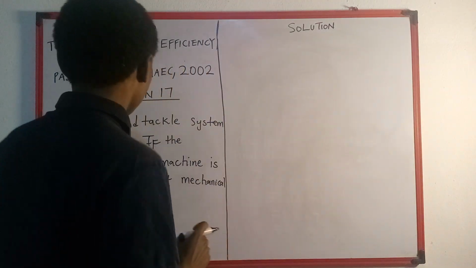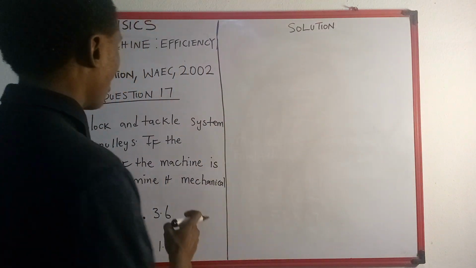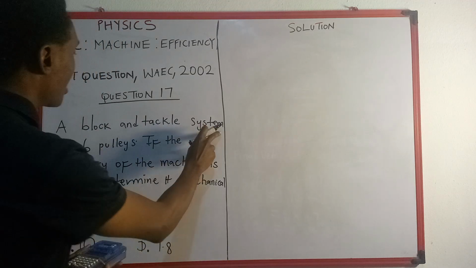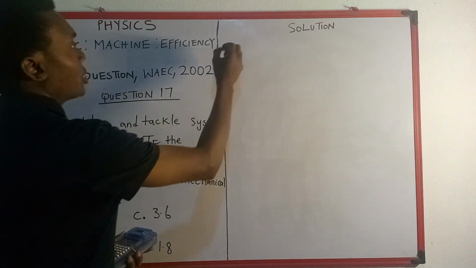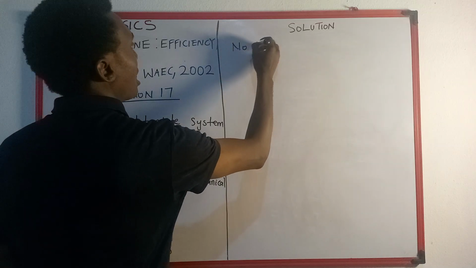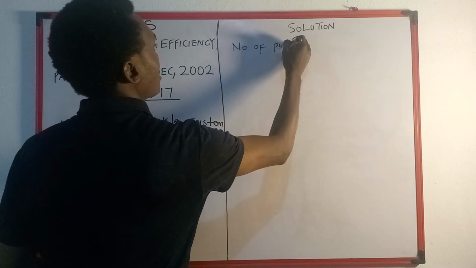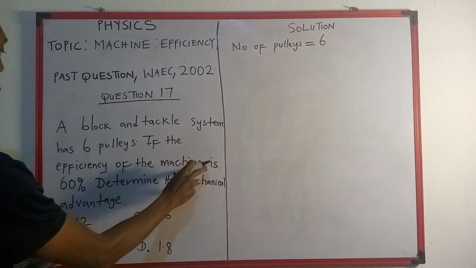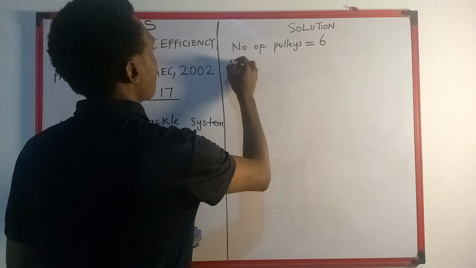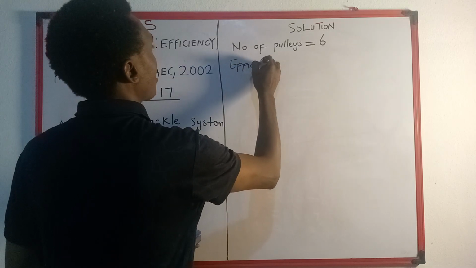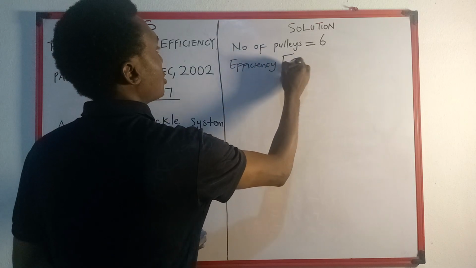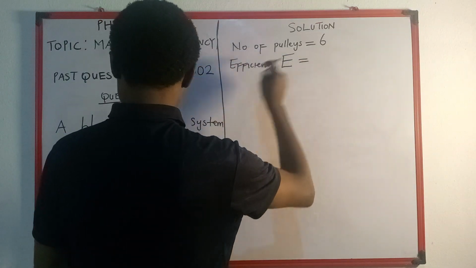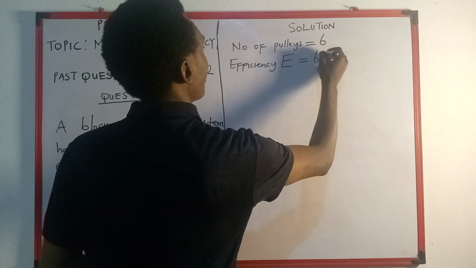Now, we're going to write out what is given in the question first. A block and tackle system has 6 pulleys, so number of pulleys is 6. If the efficiency of the machine is 60%, so efficiency, we're going to use capital E to represent efficiency of the machine, is 60%.